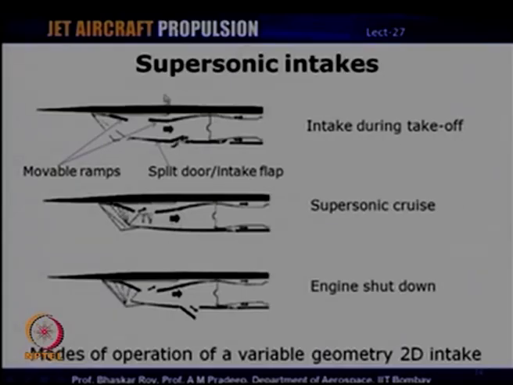So, you can see that the geometry has changed from what it was during takeoff to cruise to engine shutdown or during stopping of the engine. These are 3 different modes of operation of the same engine, which is possible because the intake has some provision for changing its geometry. It is a variable geometry 2D intake.